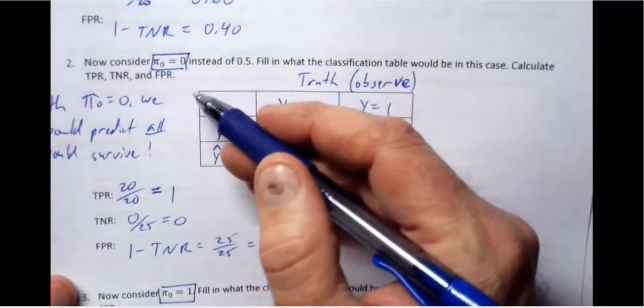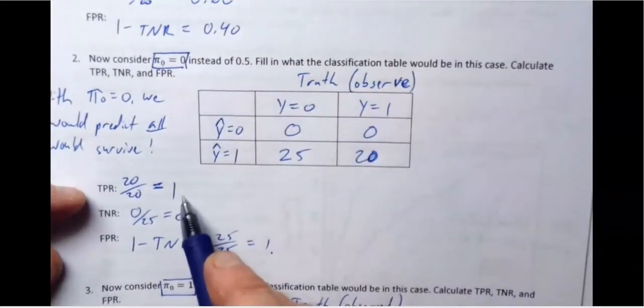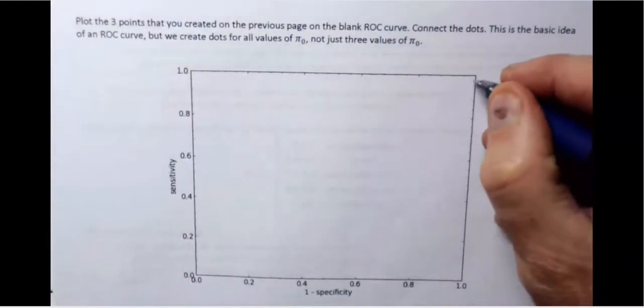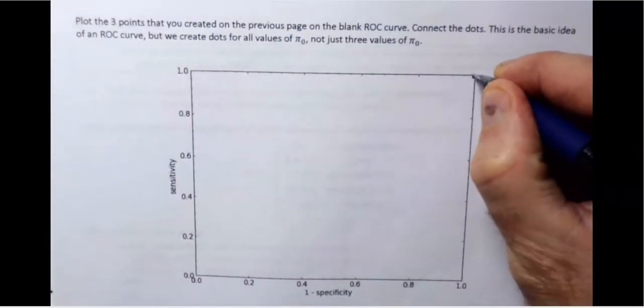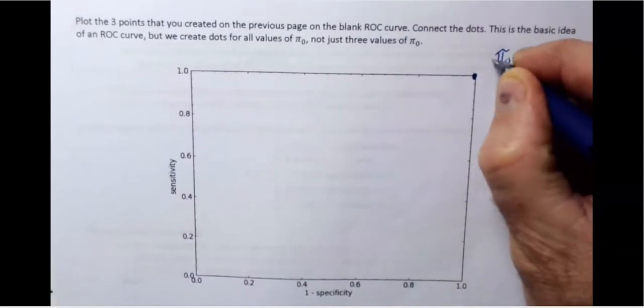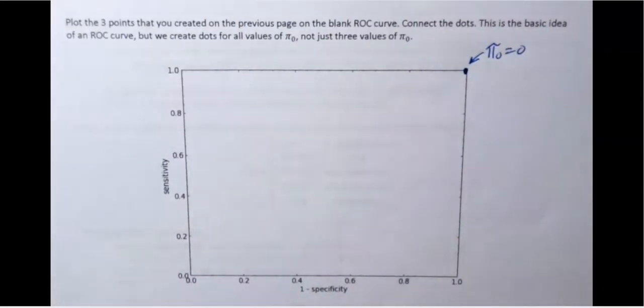So we already know that if pi 0 equals 0, then the false positive rate is 1 and the true positive rate is 1. So if we put a point right here, this is where pi 0 is equal to 0. Right? That's where we're using 0 as a cutoff for our predicted probabilities.